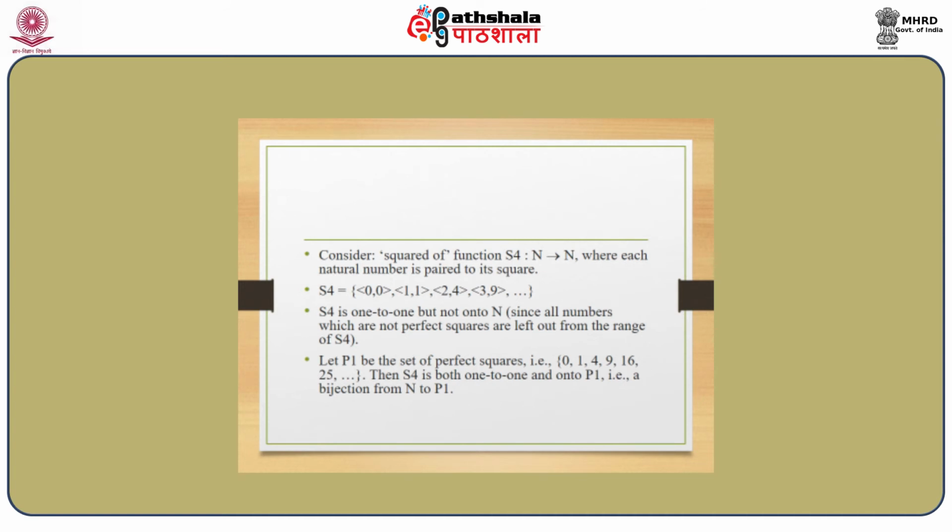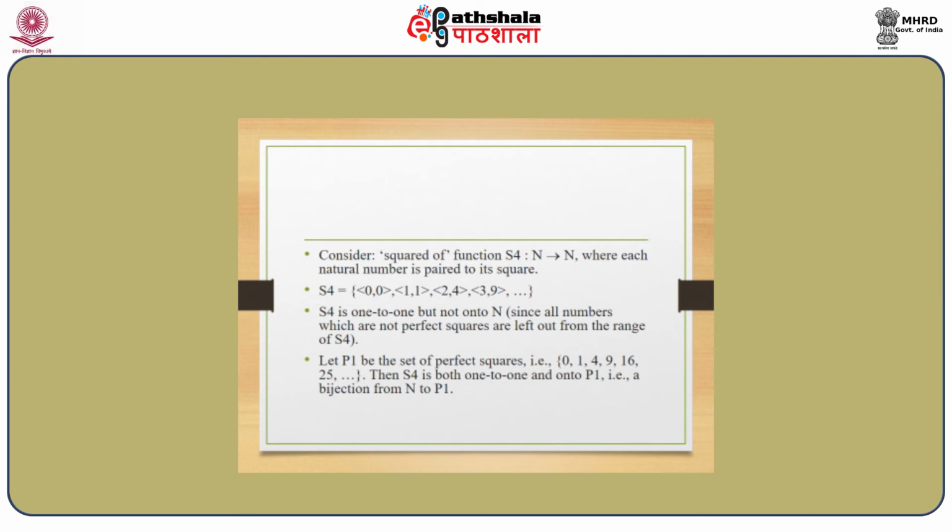S4 is 1 to 1, but not onto N, since all numbers which are not perfect squares are left out from the range of S4. However, let P1 be the set of perfect squares, that is, the set consisting of 0, 1, 4, 9, 16, 25, and so on. Then S4 is both 1 to 1 and onto P1. That is, it's a bijection from N to P1.